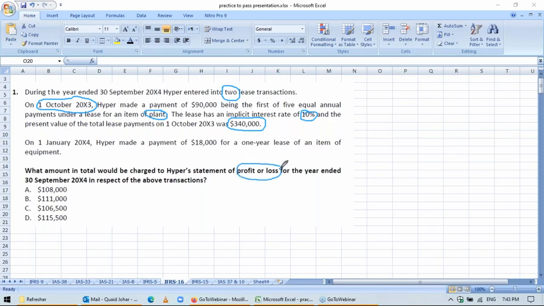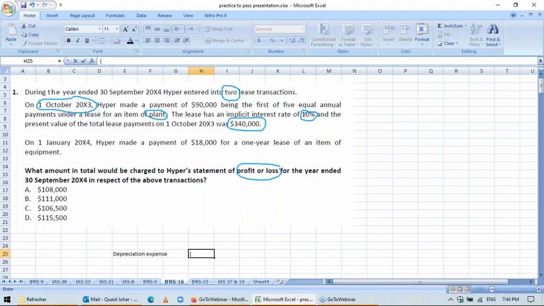As discussed in that correction of error question in IAS 8, you have to charge depreciation expense and financial charge. So let's first calculate depreciation expense. It will be recognized over 5 years.